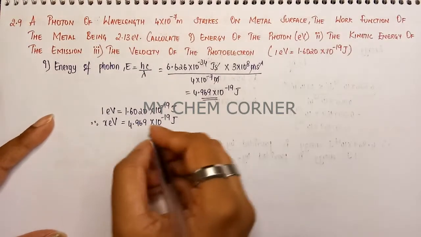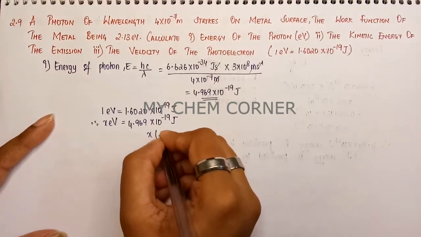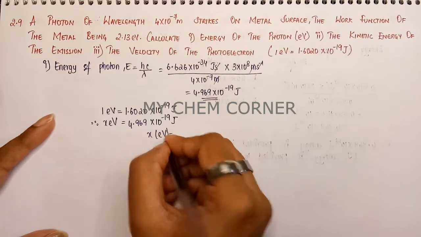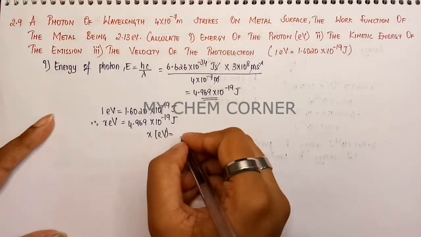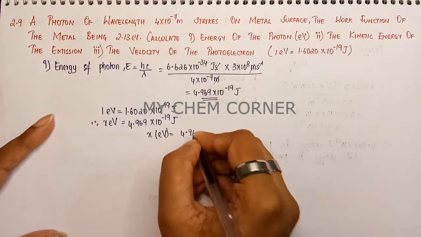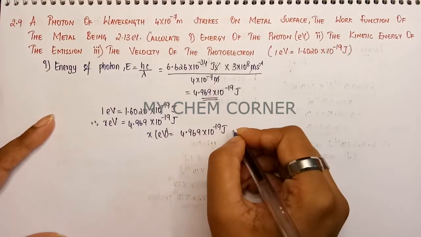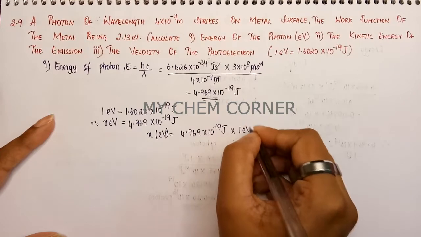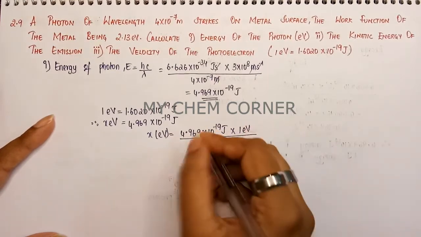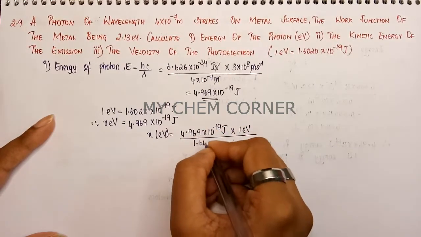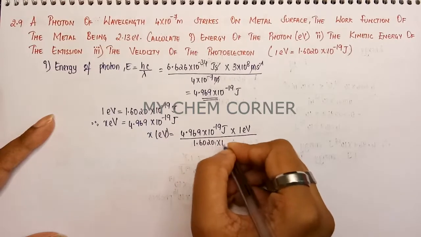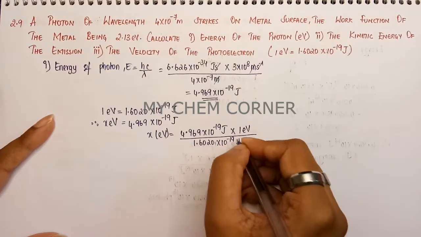Now when we have to take out what is x in terms of electron volt, this will be equal to 4.969 × 10^-19 joule into 1 electron volt divided by 1.6020 × 10^-19 joule.